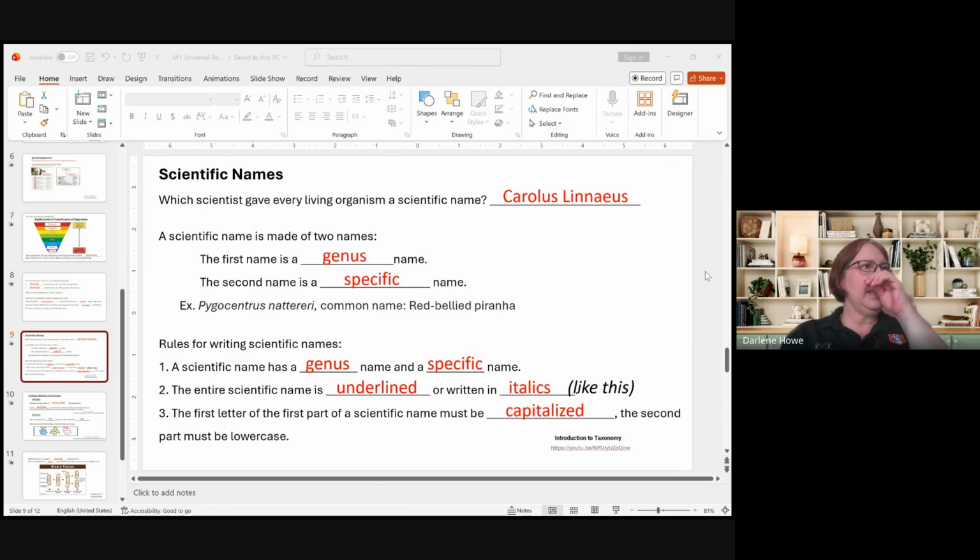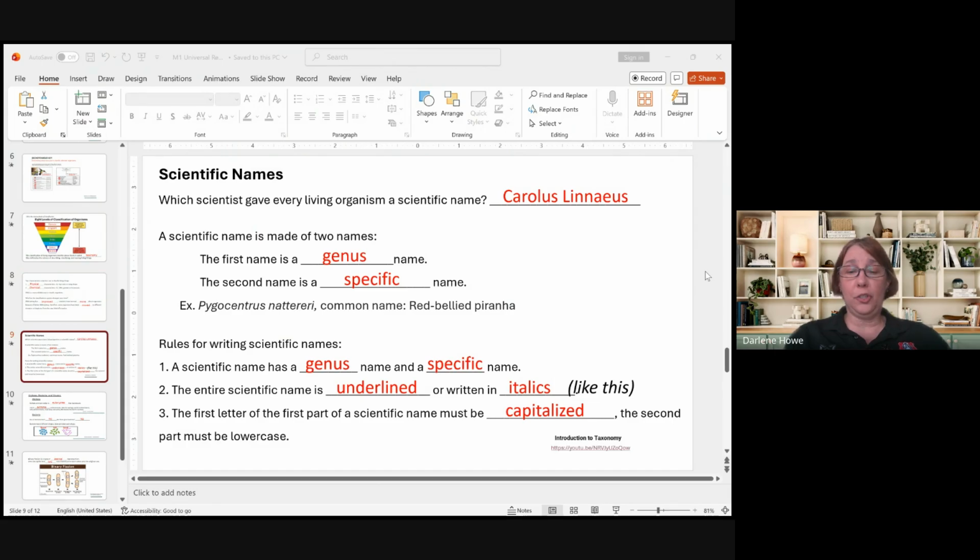Or maybe a different part of the world is calling it something altogether different. So he was smart enough to realize that there's a lot of confusion happening, and we can't have that. We need to find a system that will name animals so that each organism has only one scientific name, which is comprised of two separate words.